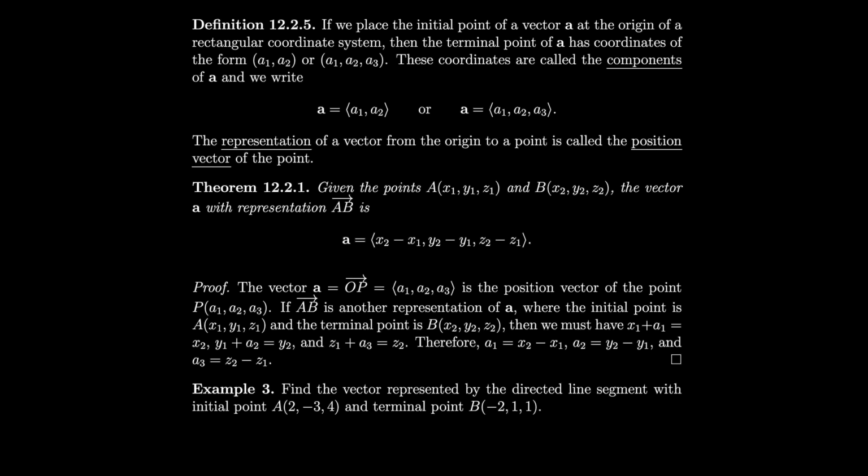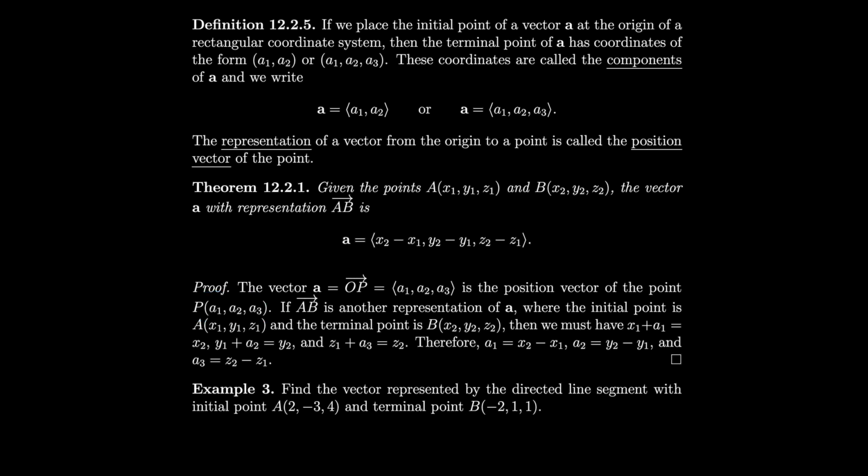So let's prove this really quick. The vector a equal to OP, where O is the origin, is the position vector of the point P, which is just going to be something we make up, a1, a2, a3.